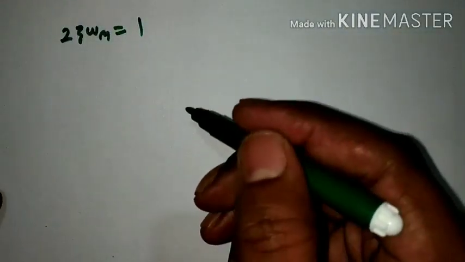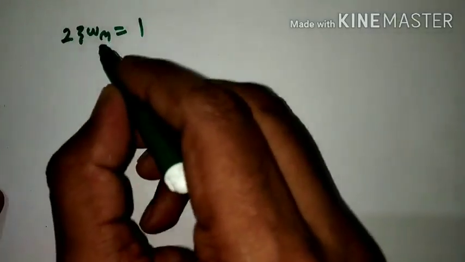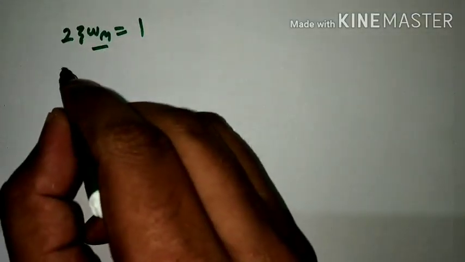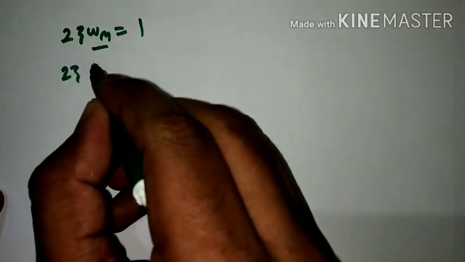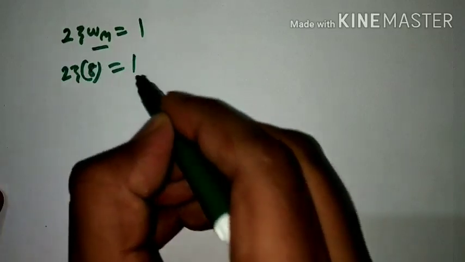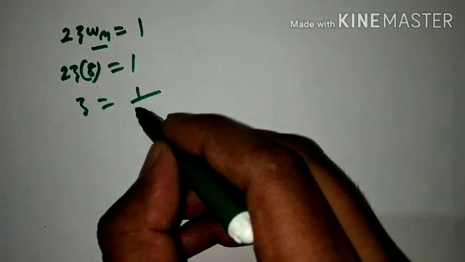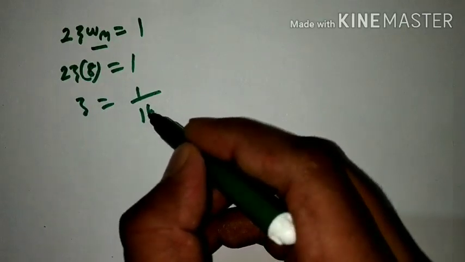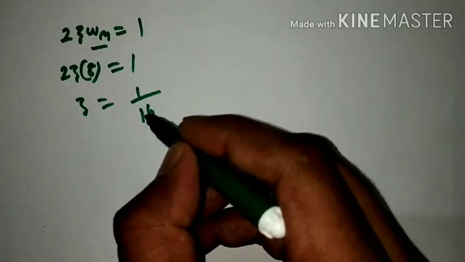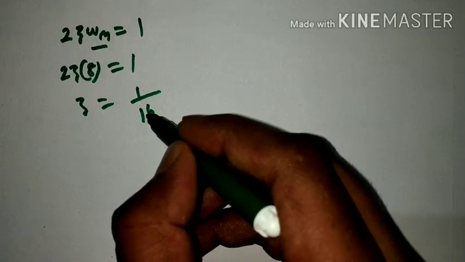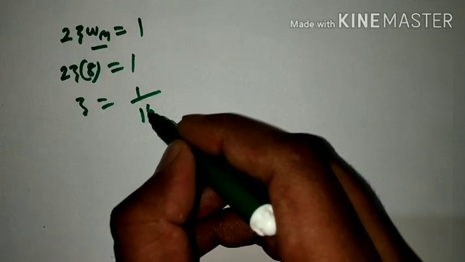You already know omega n is equal to 8. So 2 zeta into 8 is equal to 1. So how much? 1 by 16.